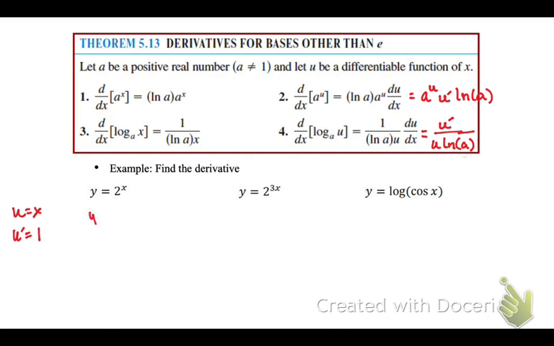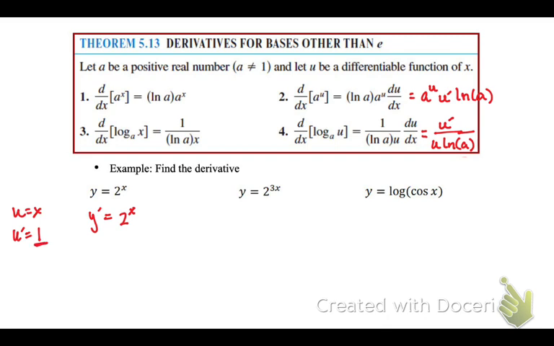So my y prime would be 2 to the x, not 2u. It would be 2 to the u, so it's 2 to the x. And then times the derivative, which would be what?